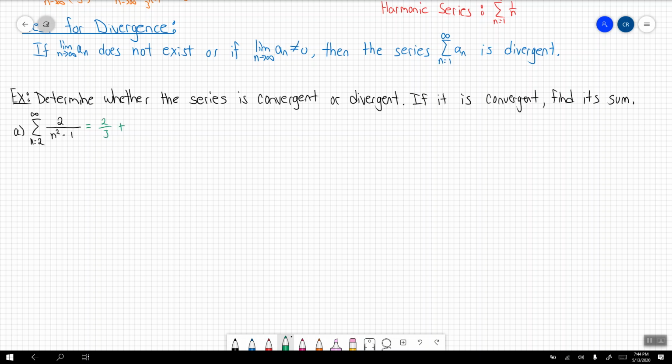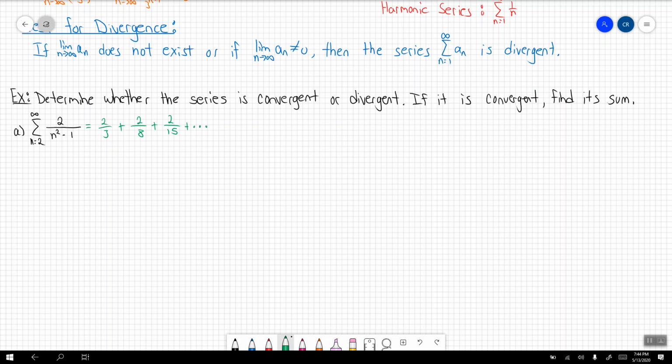And then we're going to just keep adding the next term. If the next term is 3, that's going to be 9 minus 1, which is 8. The next term is going to be 4 squared, that's 16 minus 1, which is 15. So that's going to be 2 over 15. And we can just keep going.